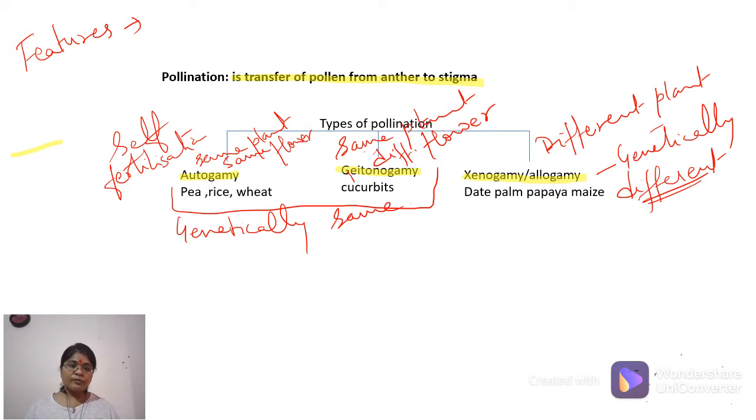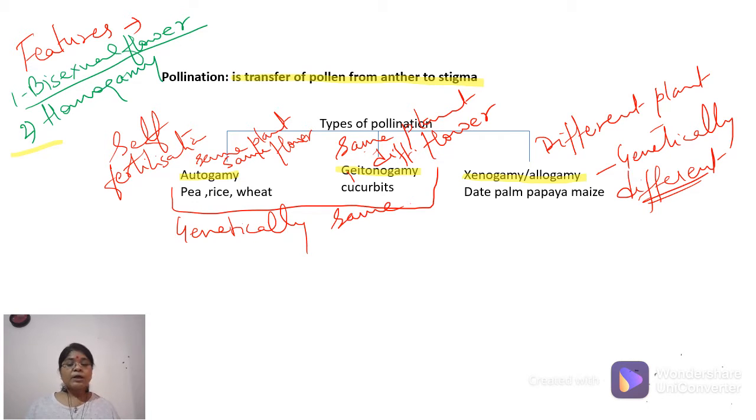The first feature is bisexual flowers, that is, they have both male and female parts in them. Secondly, they are homogamous. What is homogamy? The maturation time of both pollen and stigma is the same.